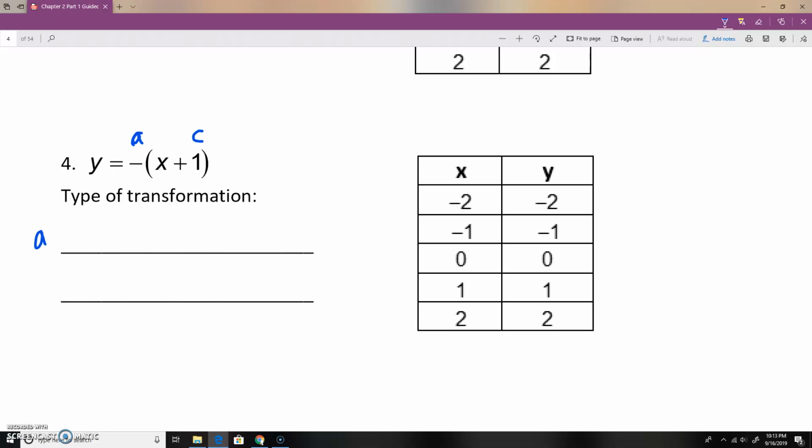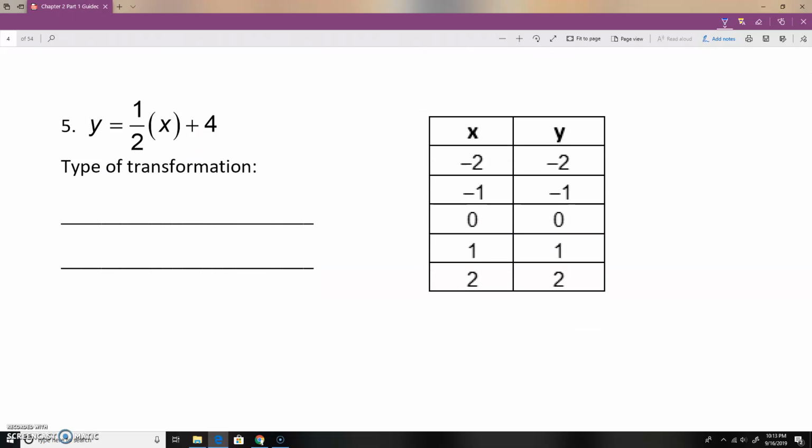Well, a negative a value is a reflection across the x-axis. And then our c value there, notice c is a plus now. Before it was a minus and it went right. Because it's a plus on the c, we're going to shift left 1.